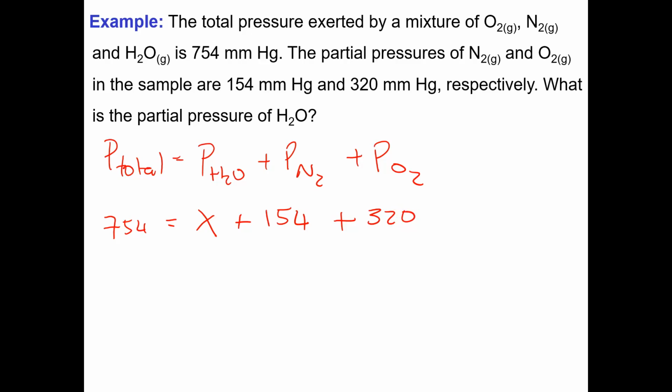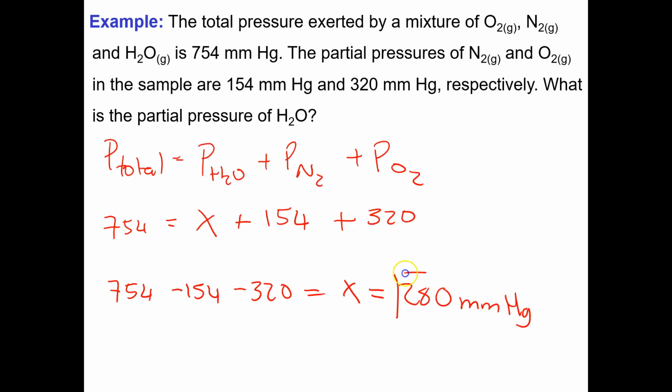So it's pretty easy to solve for X. 754 minus 154 minus 320 equals X, and that equals 280 millimeters of mercury. So that's a classic Dalton's law of partial pressures problem.